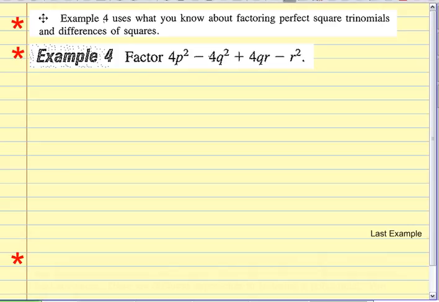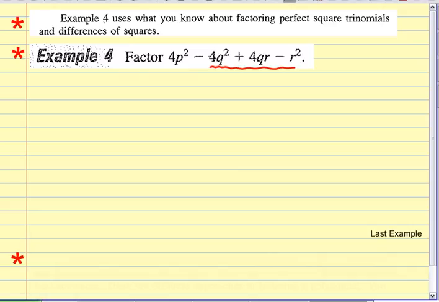Now wait a minute. Let's look at that. That's a perfect square. That's a perfect square. Okay. What if I wanted to group these things together?